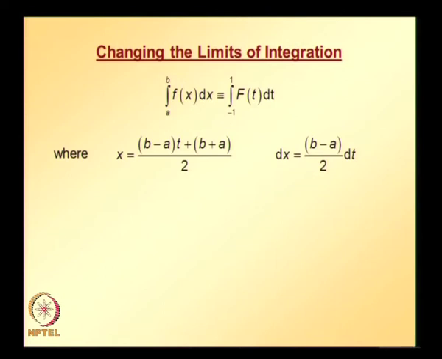So, this is how an integral with limits other than -1 to 1 can be changed. Once we get it into the form of an integral from -1 to 1, the rest of the procedure is similar to what we already discussed.